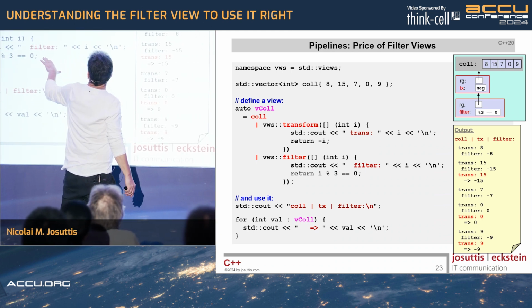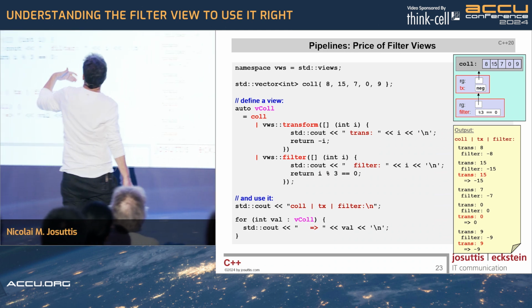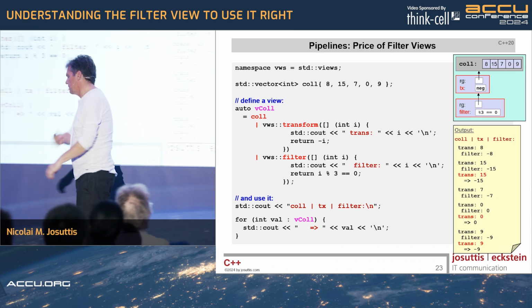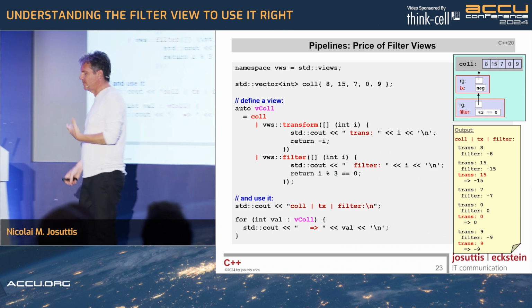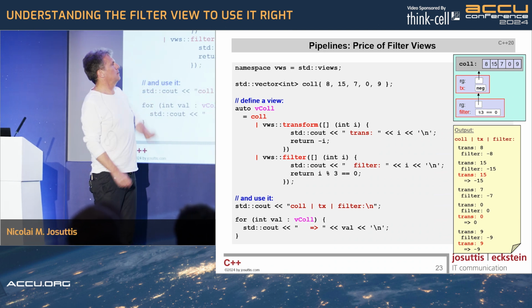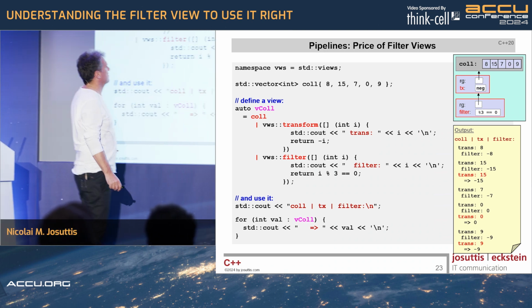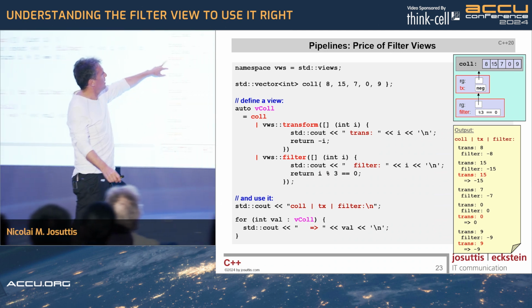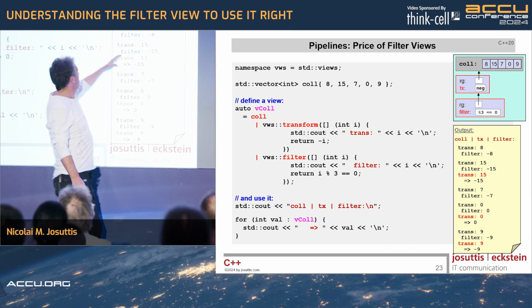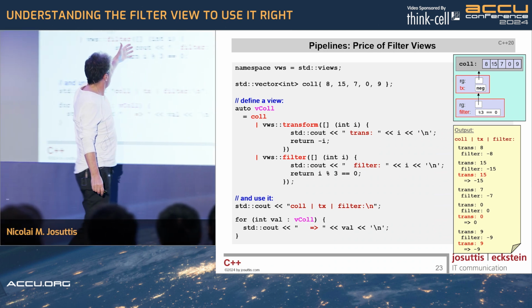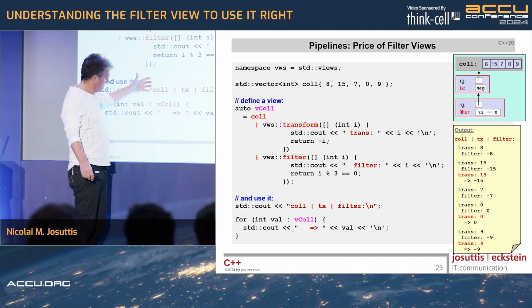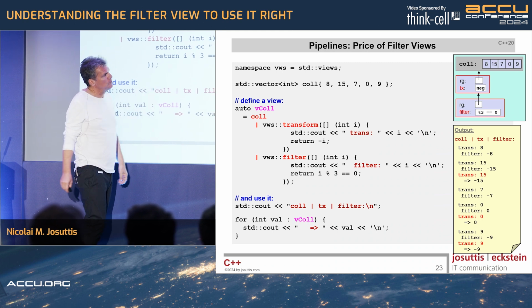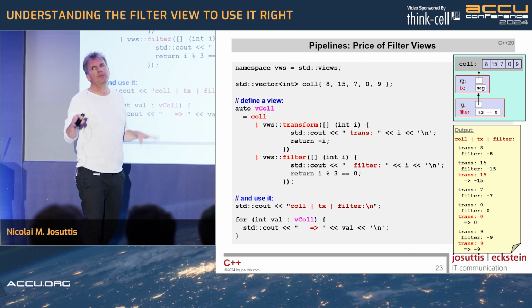So then we get the next element, and transform gives us the position of the 15. Filter asks for the value, gets the 15 as a value that the filter lets through. Well, but transform had to transform it into minus 15. And then this filter passes this position of the 15 to the end of the loop. The end of the loop gets only the iterator.